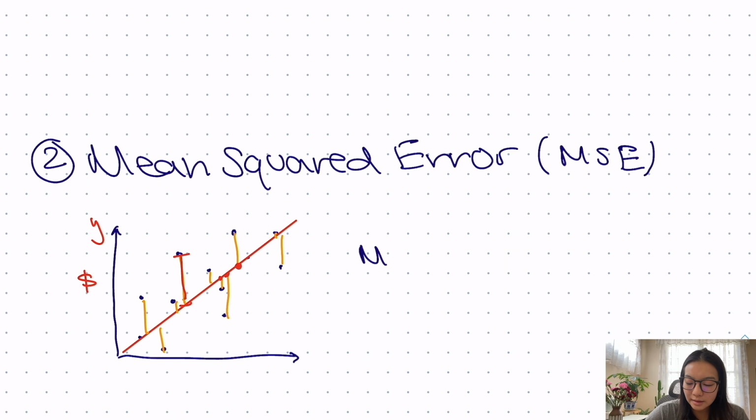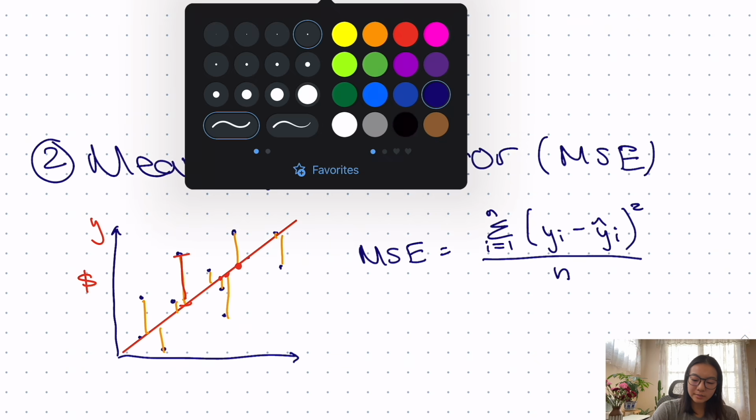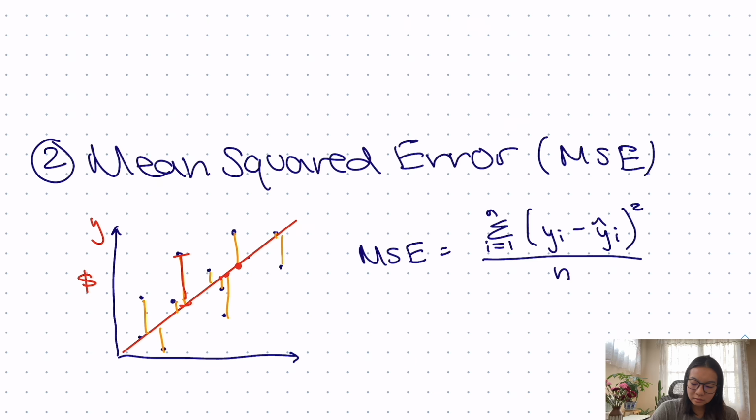So now the MSE is something along the lines of, let's sum up all of our errors. So now I'm going to do y_i minus y hat i, but instead of taking the absolute value, I'm going to square them all. And then I'm going to divide by n in order to find the mean. So basically now I'm taking all of these different values and squaring them first before I add them to one another.